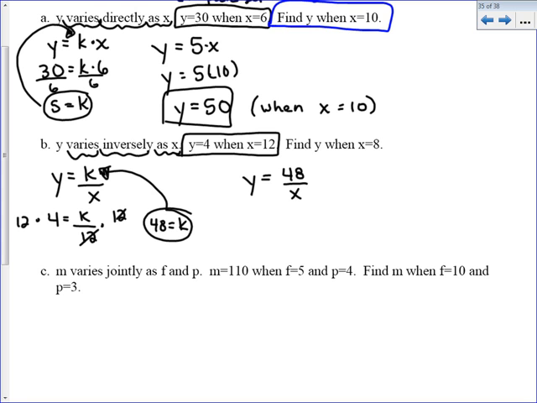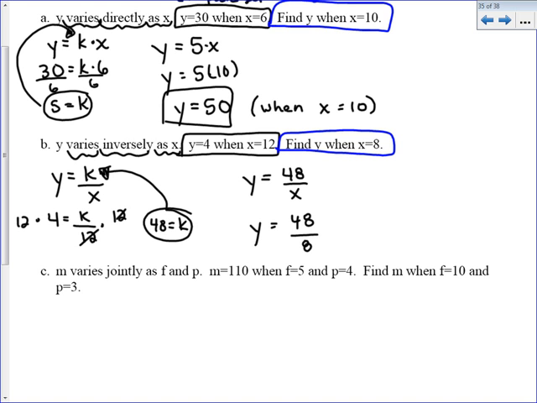And then what's our question statement here? Find y when x equals 8. So I've got to look at my equation now, see which variable I have. So this is my question here. And just replace the x with 8.